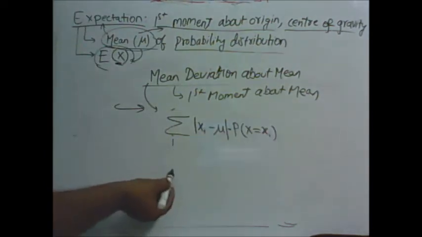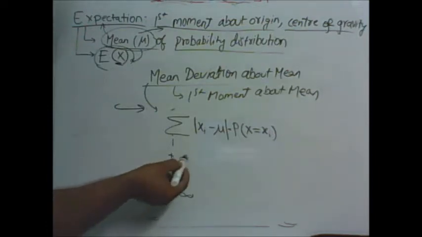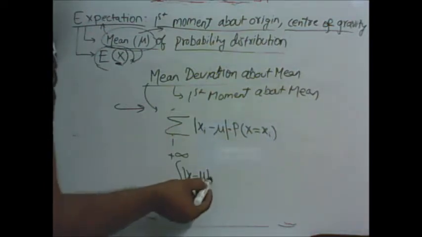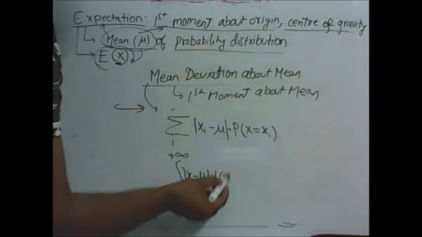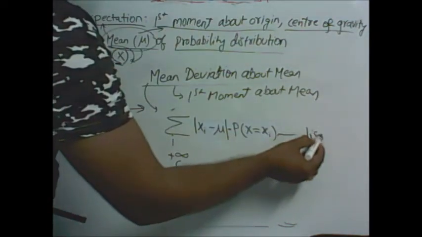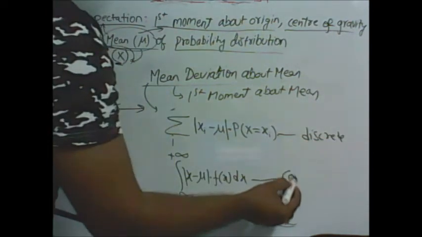If it is a continuous random variable case, this is the integral from minus infinity to plus infinity of mod of x minus mu into f of x dx. It is discrete for one, and continuous for the other.